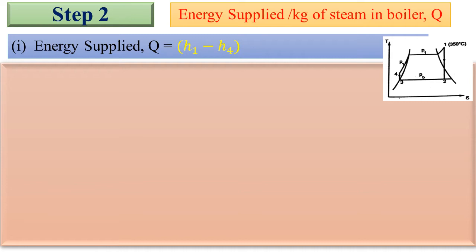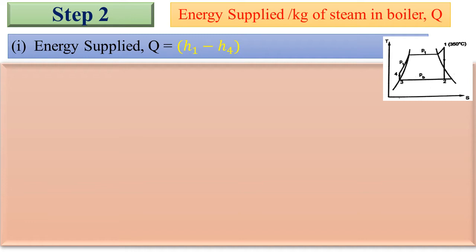From the diagram we can see that on the TS plot the Rankine cycle is plotted. Energy supplied is denoted by notation Q and its formula is written as energy supplied is equal to H1 minus H4, where H1 stands for the enthalpy at point 1, while H4 stands for the enthalpy at point 4.